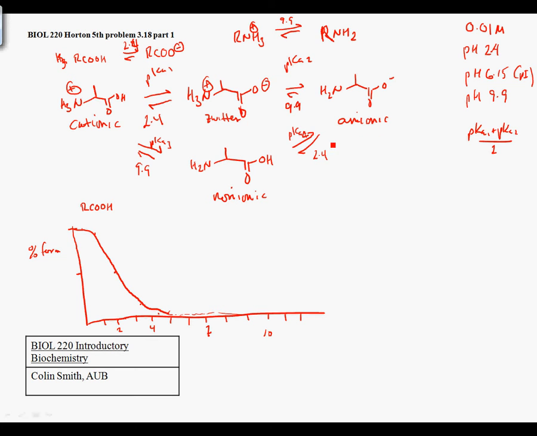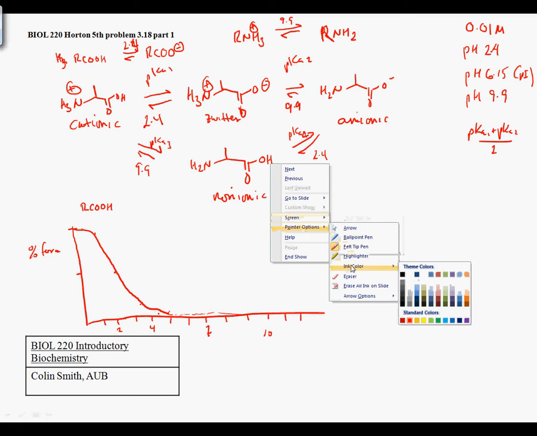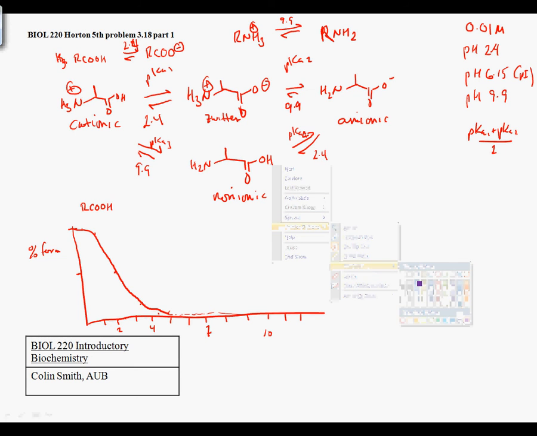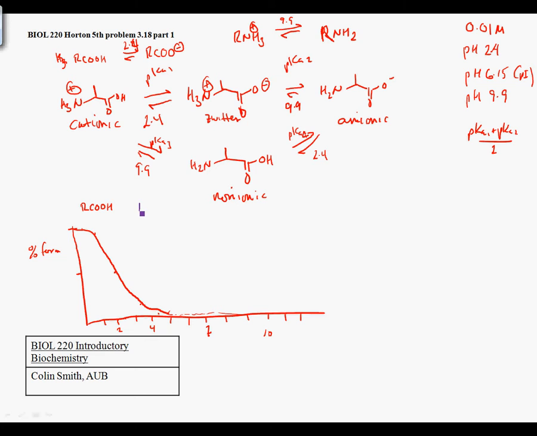And if I want to show, bear with me while I change the pen color, if I compare that to, let's use purple, the deprotonated, the carboxylate form, then it's also going to be 50% at the pKa, and at 1 unit above the pKa, it's going to be 90%, and at 2 pH units above, it's going to be 99%. At 1 pH unit below, it's going to be 10%, and at 2 below, it's going to be 1%.